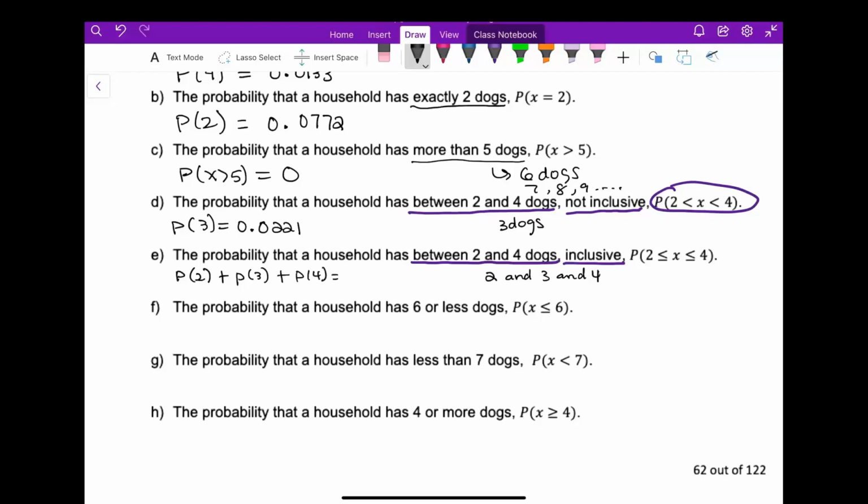The probability of 2. Probability of 3. Probability of 4. Let's put these together.